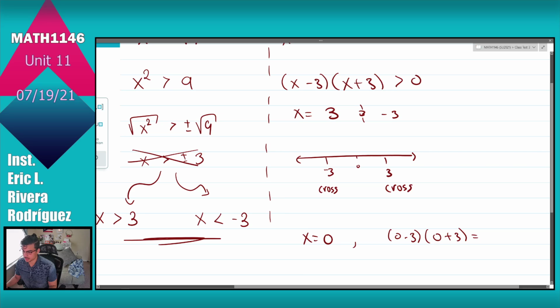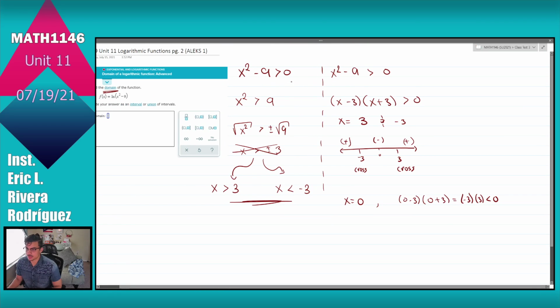After we solve this, the 0 just gets cancelled, so we get -3 times +3, and we know that this is going to be negative. So this part between -3 and 3 is going to be negative. Since we have an odd multiplicity for both zeros, this part here is going to be positive, and this part here is going to be positive.